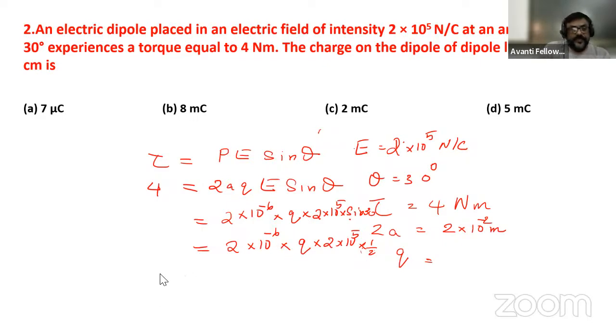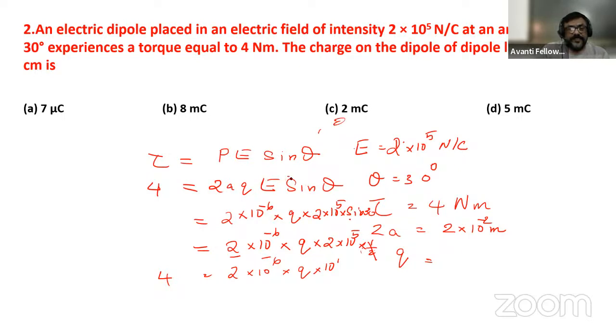So again, we can write it as 4 is equal to, we have a 2 here and 1 by 2 here, we can cancel it. So 1, 2 remains there. 2 into 10 raised to negative, sorry, not negative 6, I made a mistake here.